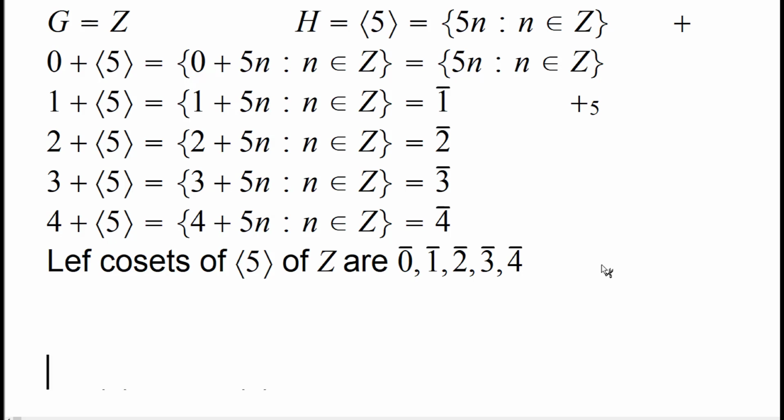Now, let's take another example. And for this example, let's move on to the group of complex numbers with multiplication. I'm just introducing some groups to you that I did not introduce before. So the binary operation here is complex multiplication, okay?